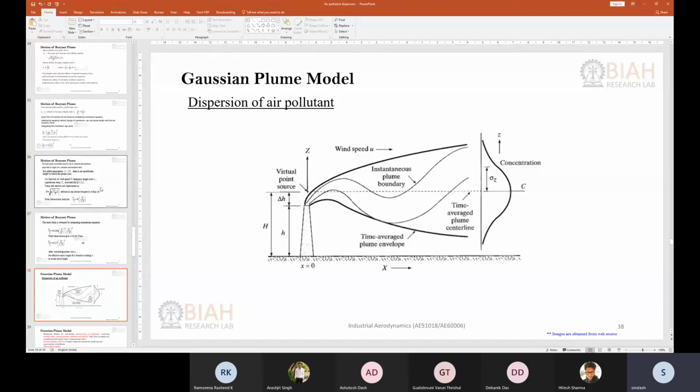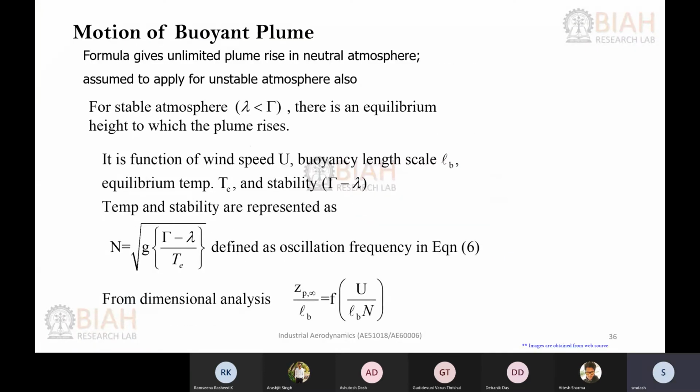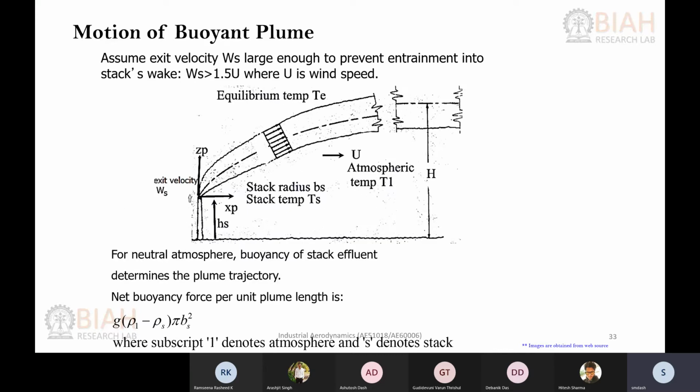Okay. So last class we were investigating motion of the buoyant plume.